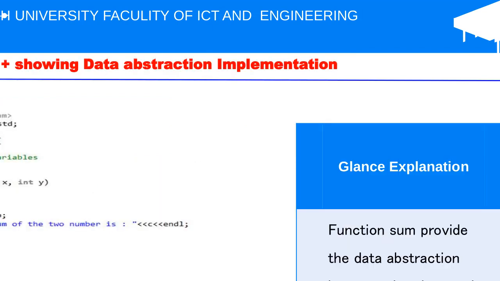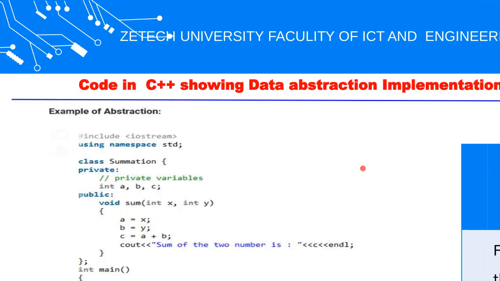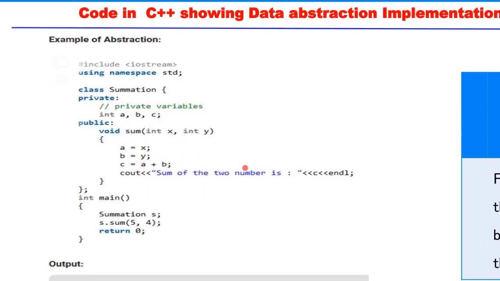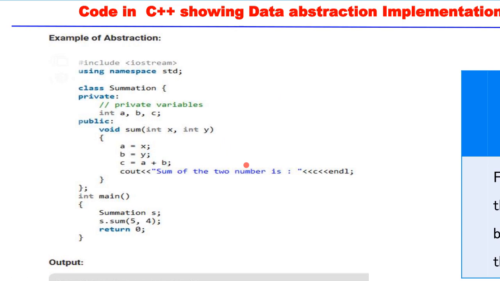So when you look at the program, I decided to use this program to further help you understand. I believe that this program currently is visible, and if it's visible, you can allow me to explain it so that we can wind up this session on what we refer to as data abstraction.